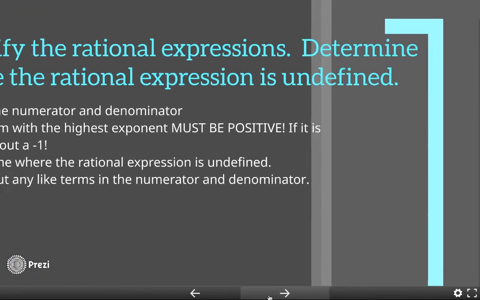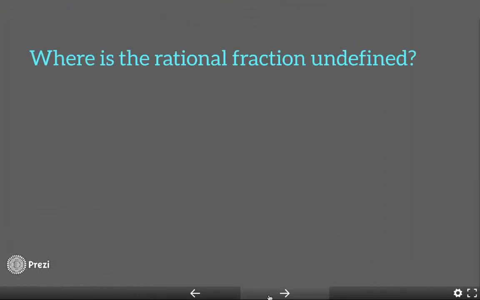So let's talk about what makes a rational expression undefined. What does that even mean? Where is a rational expression, or basically a fraction, undefined? If we have a fraction, there is something that is never, ever allowed in the denominator. There's something you just cannot divide by. Holy hot dog, you guys are so smart.